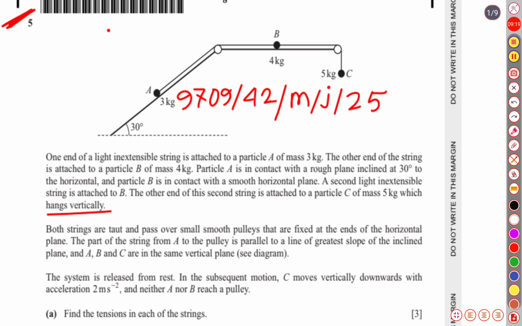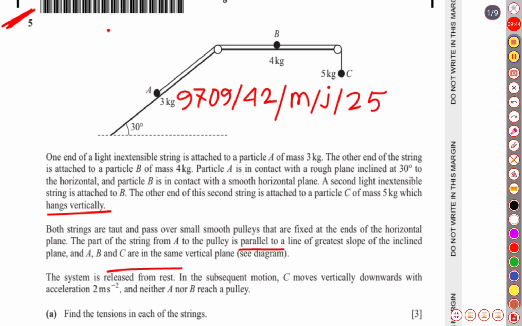Both strings are taut and pass over small smooth pulleys that are fixed at the ends of the horizontal plane. The part of the string from A to the pulley is parallel to the line of greatest slope of the inclined plane, and A, B, C are in the same vertical plane. The system is released from rest.